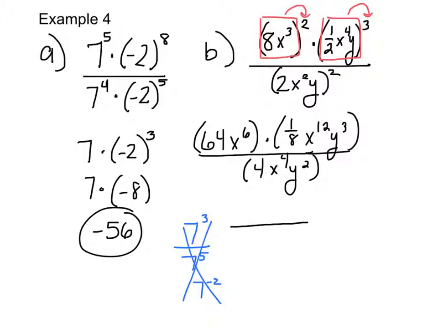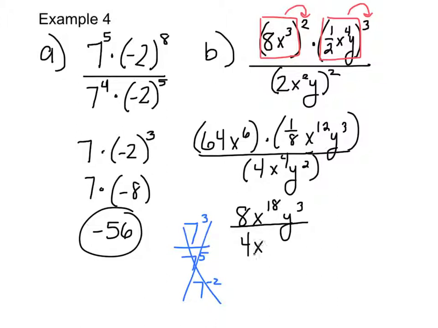All right, now I'm going to multiply the top. 64 times 1/8. Well, 1/8 of 64 is just 8. X to the sixth times x to the 12th. That's going to give me x to the 18th, since we add powers with the same base. And then y to the third comes down.